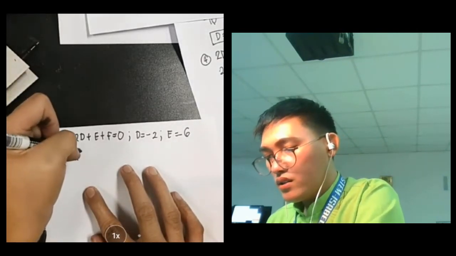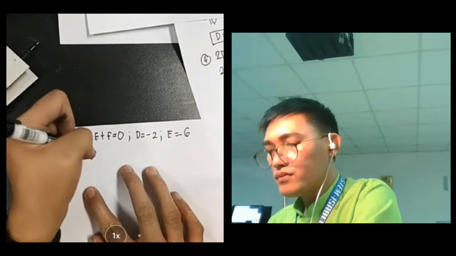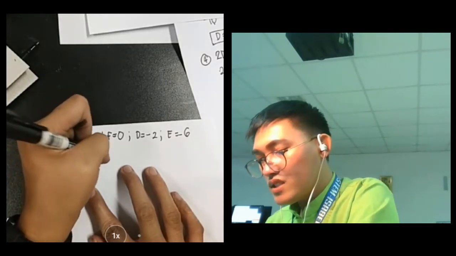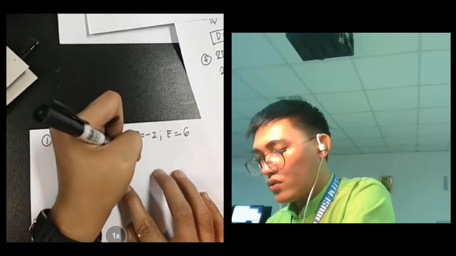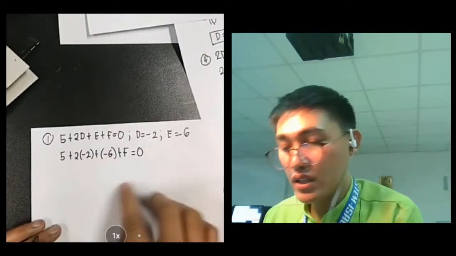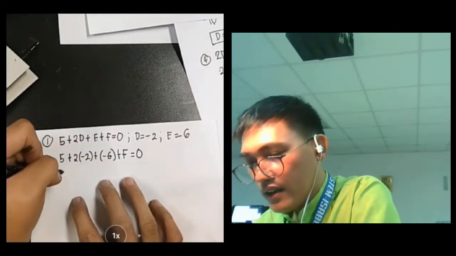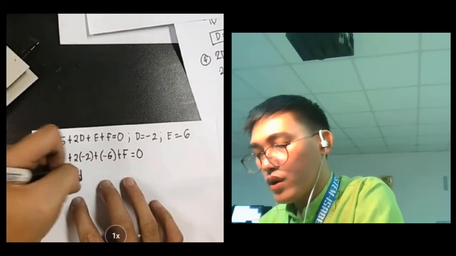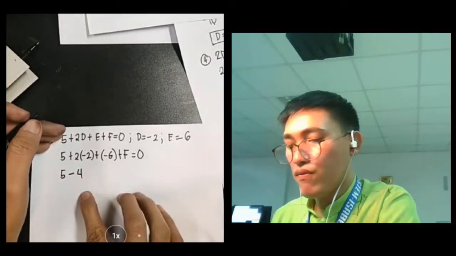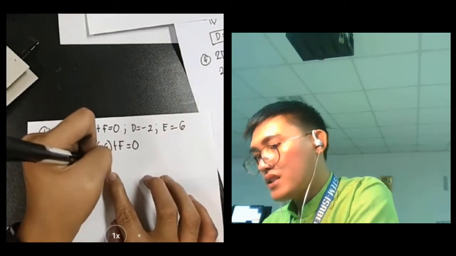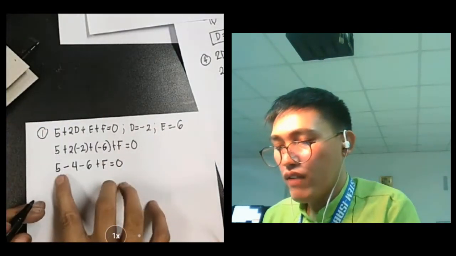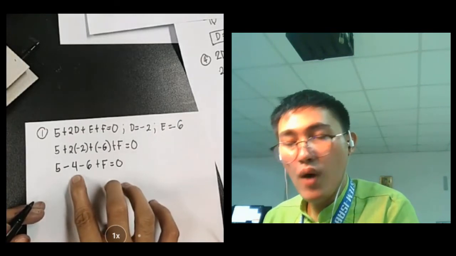Substitution lang po ang ginawa ko dito. Let's solve. 5 minus 4 because 2 times -2 is -4, minus 6 plus f is equal to 0. 5 minus 4, 1. 1 minus 6, -5 plus f is equal to 0. Let's solve for letter f. Very easy. F is equal to 5.